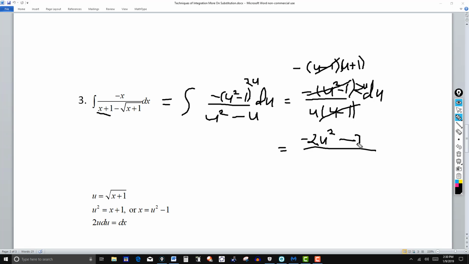And then here, of course, I have an integral right here, and an integral right there. This is du. This then is equal to, more simplification here, divide through by u here, I get minus 2u minus 2 du.